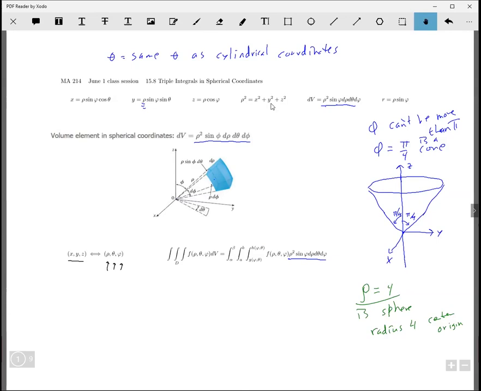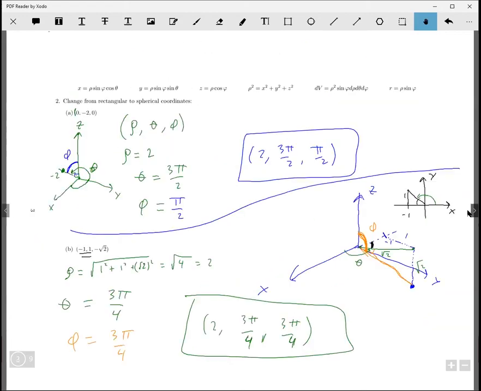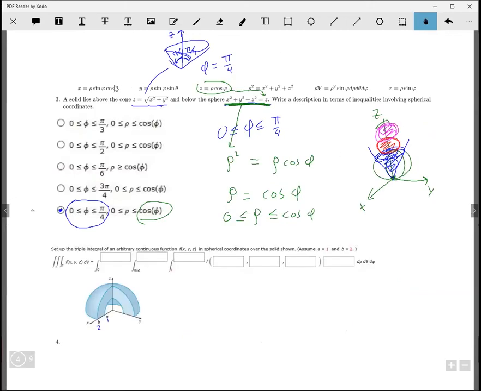Okay, so rho squared is x squared plus y squared plus z squared. Phi is the angle that you make with the positive z-axis, the angle that your point makes with the positive z-axis. Okay. And then you have these formulas up here to kind of help along.